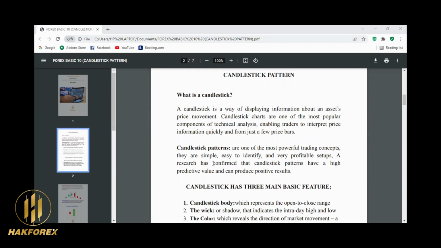Research has confirmed that candlestick patterns have a high predictive value and can produce positive results. So your candlestick patterns are your confirmation whenever you want to take a trade, either to sell or to buy. There are some candlesticks where you can see that this is the time for me to jump into the market to sell, and this is the time for me to jump into the market to buy.